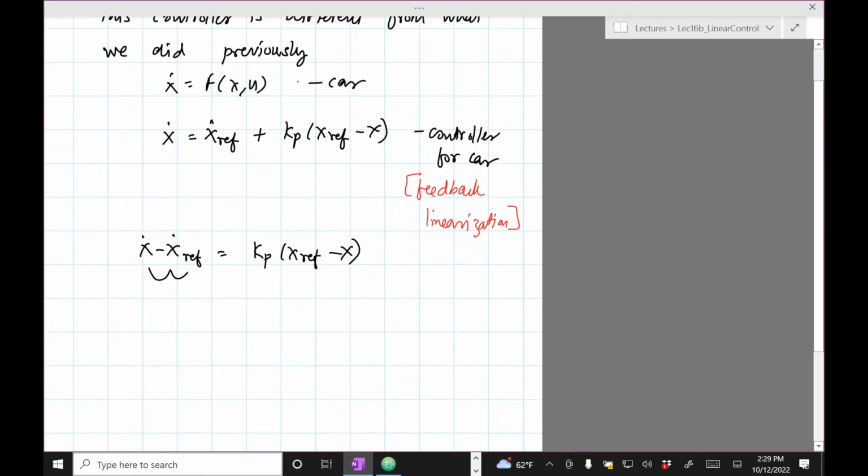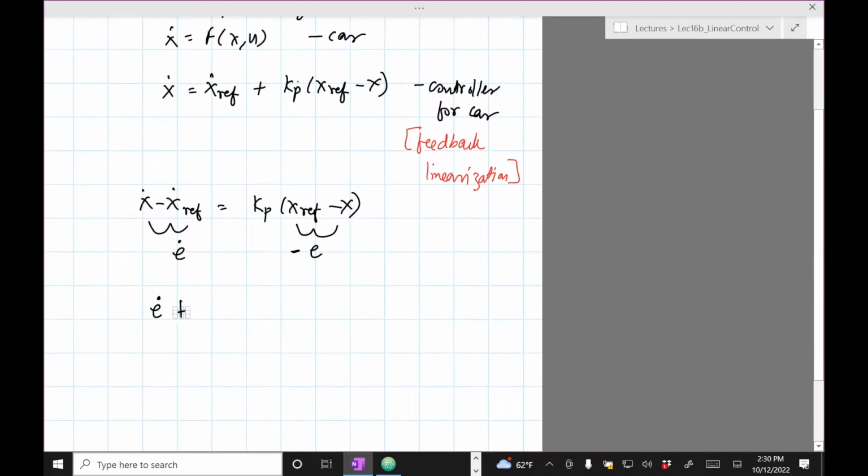And if this is some kind of an error, then this will be minus error. So we write it as e dot, so e dot plus kp e equals 0, because it's minus e.